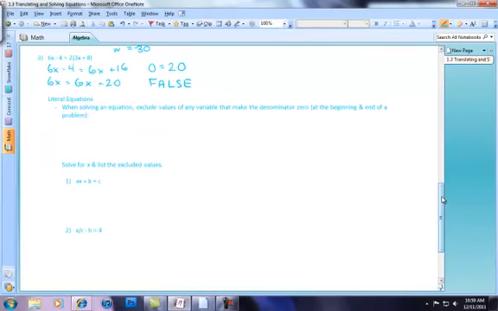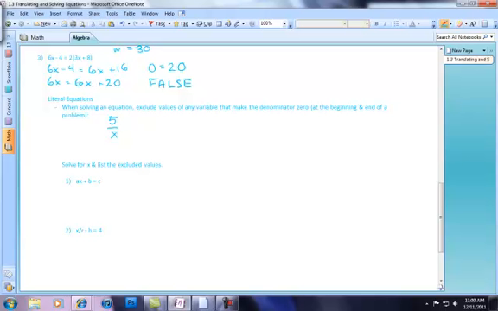Here's the second part of this lesson: literal equations. When solving an equation, exclude any value of a variable that makes the denominator 0, at the beginning and end of the equation. So this is just excluding numbers that make the denominator equal 0. 5 over x.